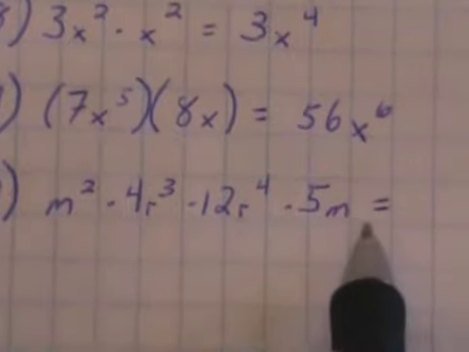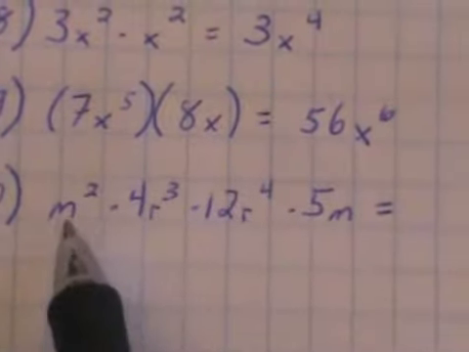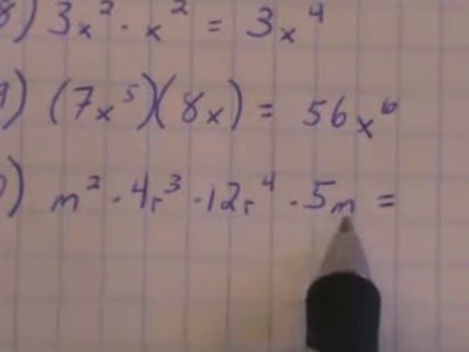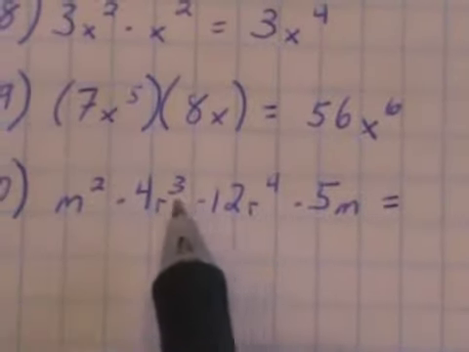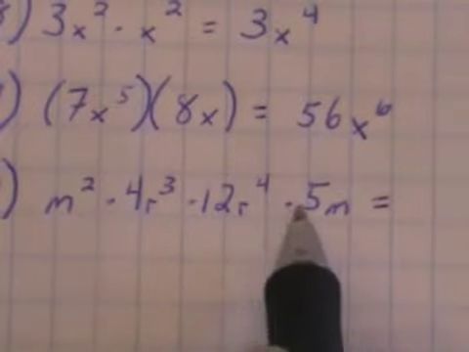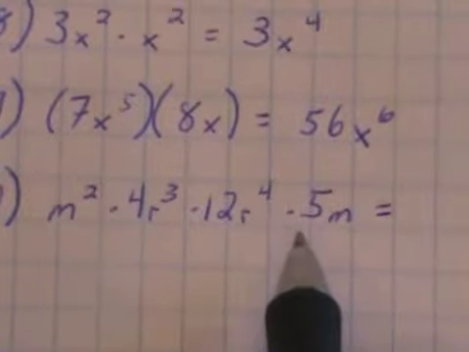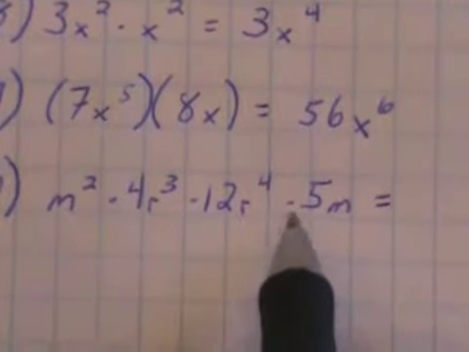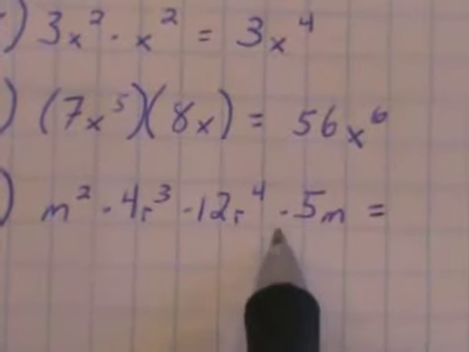Oh, and number 10 is big fun. Everything is being multiplied. So everything that is a like base, you can add up. The numbers, you can just multiply like you normally would. Let's see if your answer matches mine. And this is a times 5m, not a 0.5m.